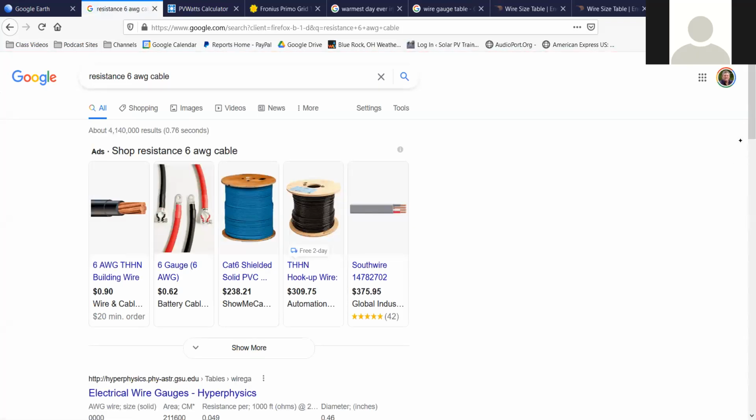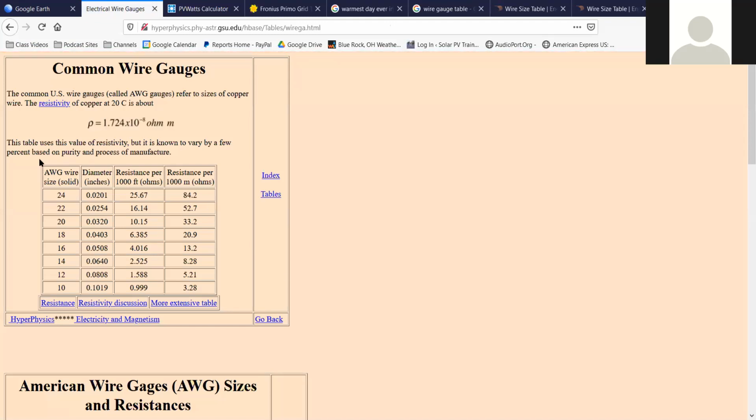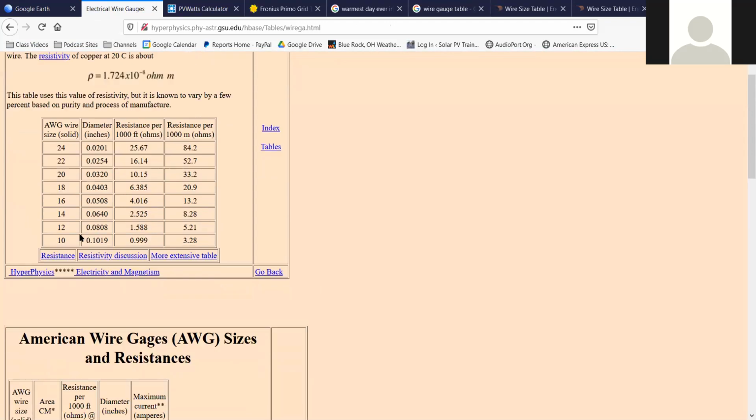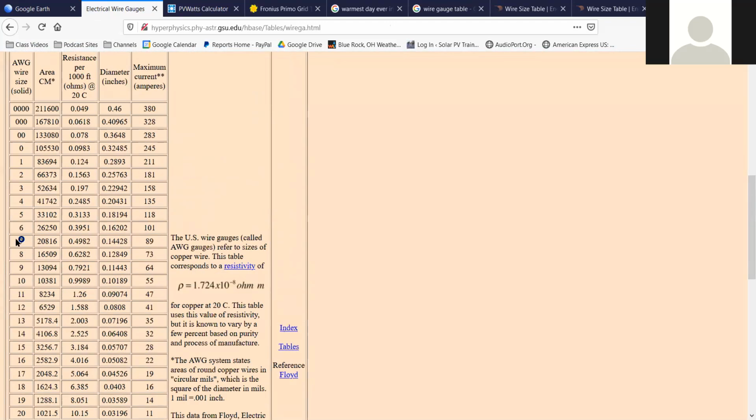Okay, and it's telling me the resistance of 6-gauge copper. Wire gauge is 6-gauge. Ohms per 1,000 feet looks like it's about 0.395. 0.395, okay.